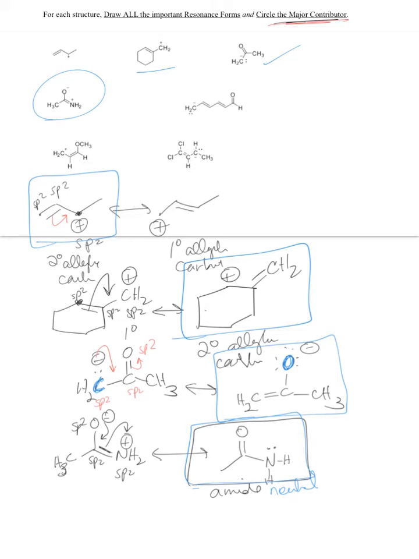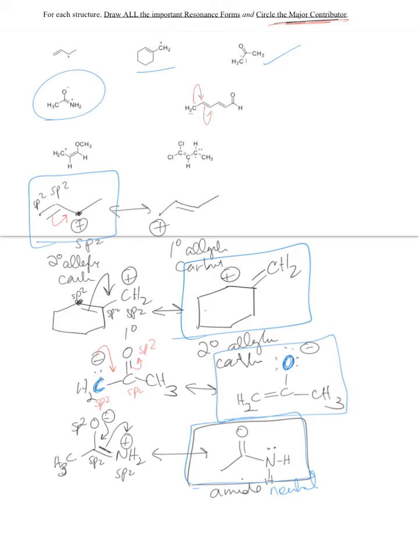Okay, so basically, those electrons can go right here, and then those electrons will go right there to make a double bond, and then those will make the carbanion there.